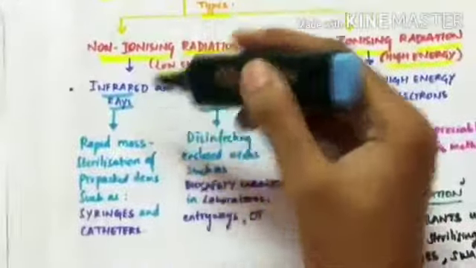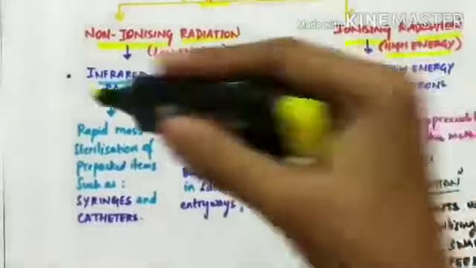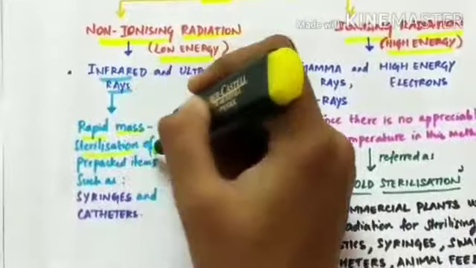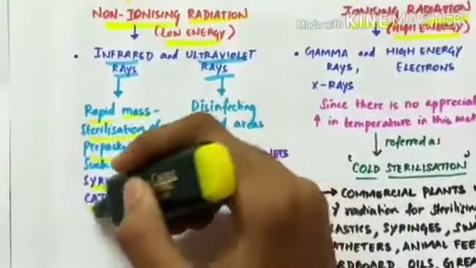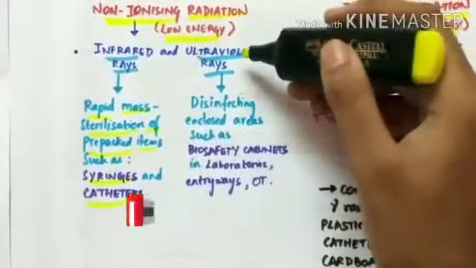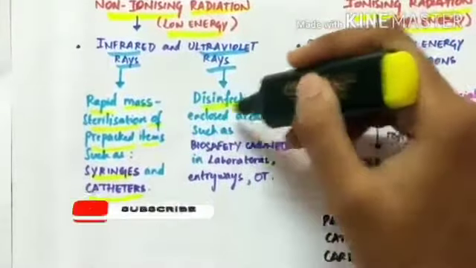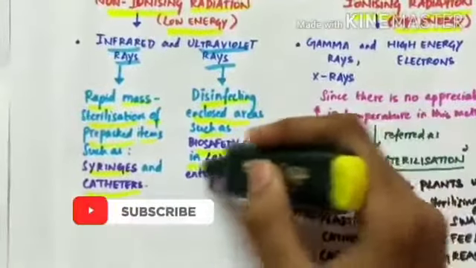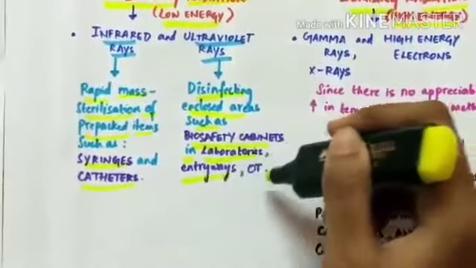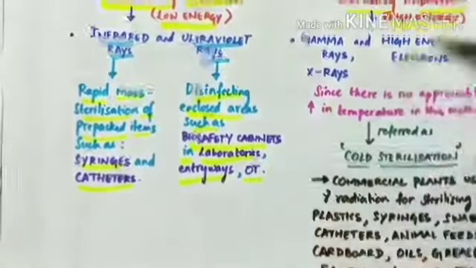The infrared rays are used for rapid mass sterilization of pre-packed items such as syringes and catheters. The ultraviolet rays are used for disinfecting enclosed areas such as biosafety cabinets in laboratories, entryways and operation theatres.